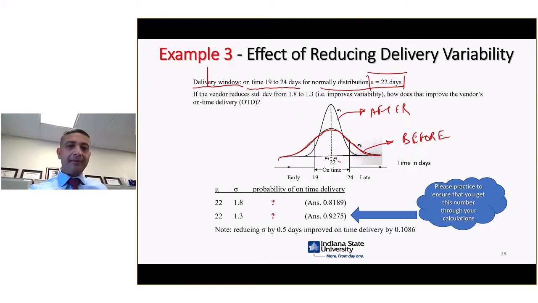The mean delivery time is 22. You are slapping a certain window of delivery within which the supplier has to deliver. Okay, and that window goes from 19 to 24 days, which basically makes this entire zone your on-time delivery area. Okay, anywhere outside of here and the supplier is penalized.